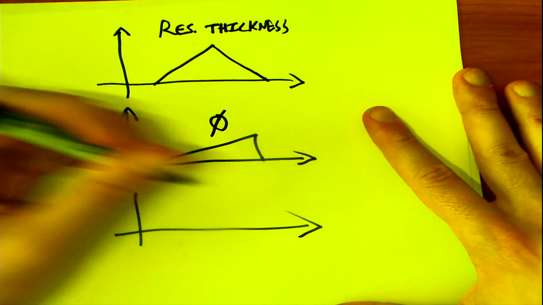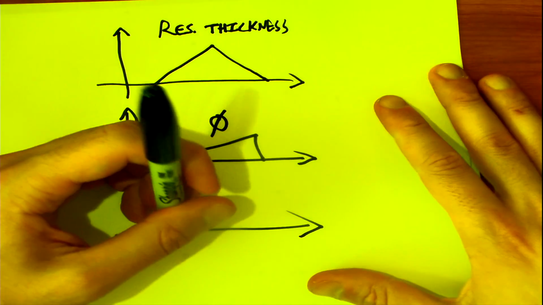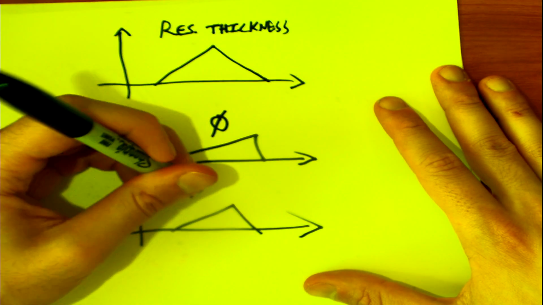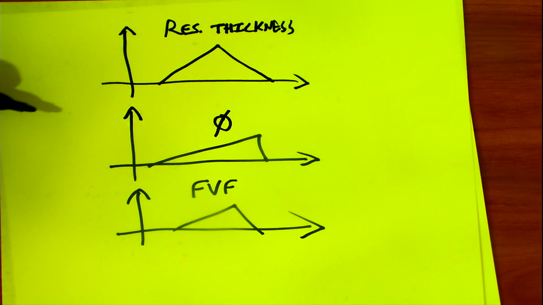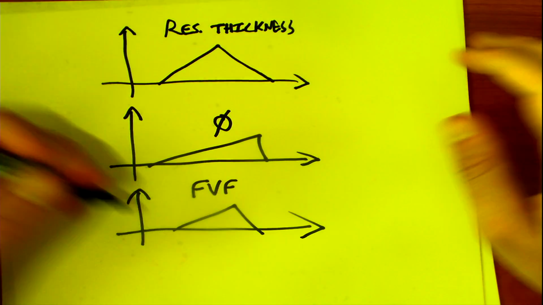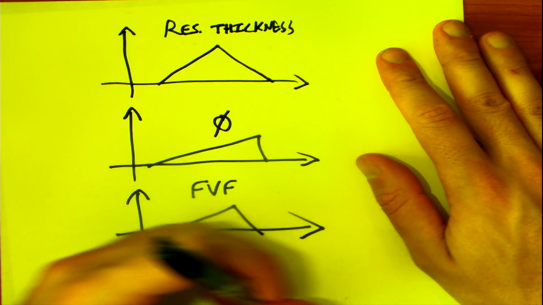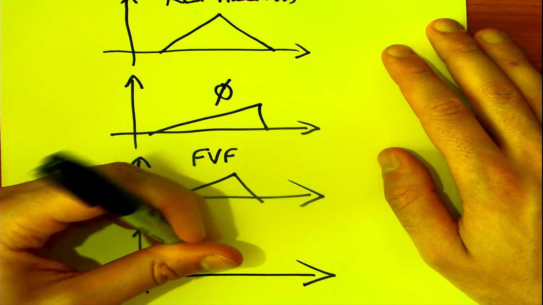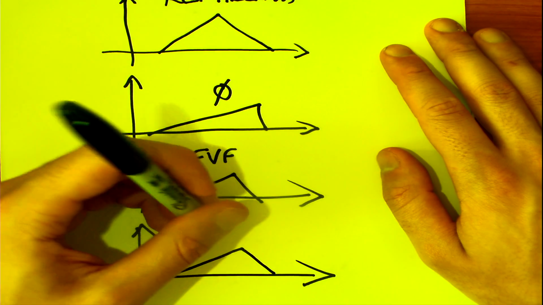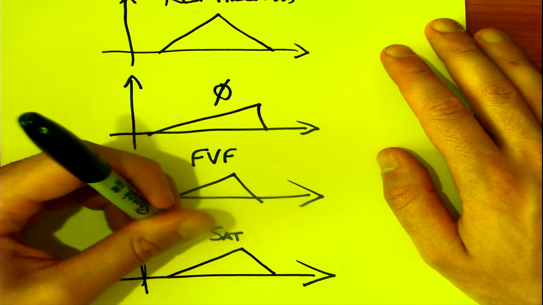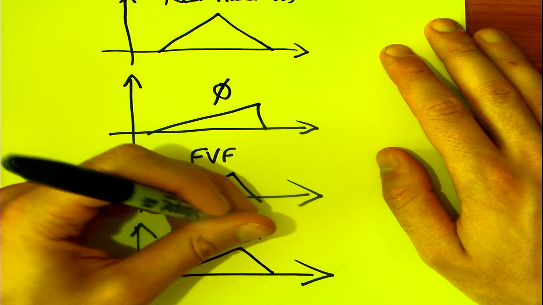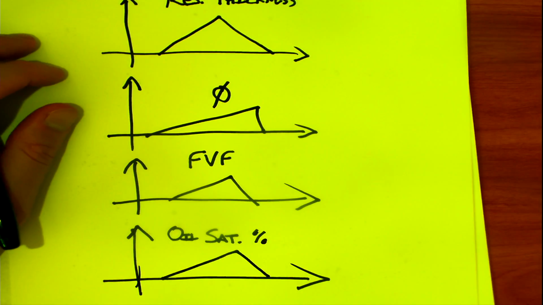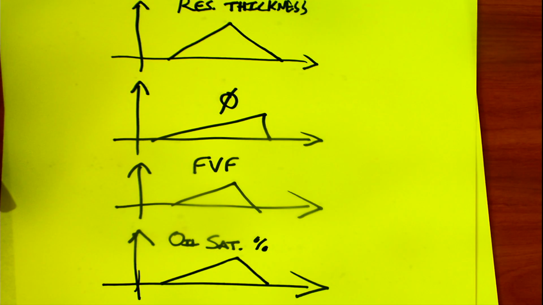I could have some distribution for, say, formation volume factor. And when I have a fourth one, I could have a fourth distribution that talks about saturation in percentage.